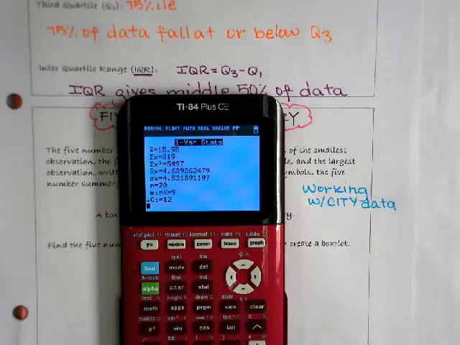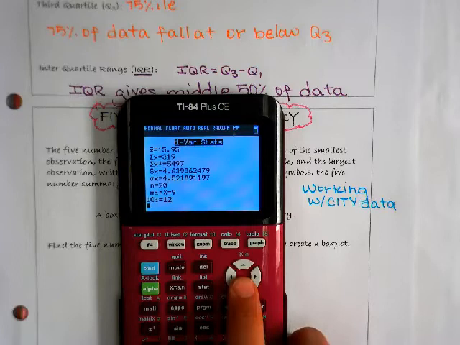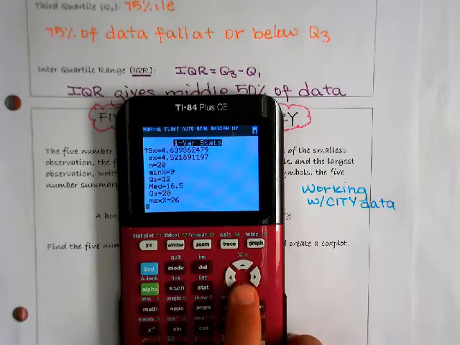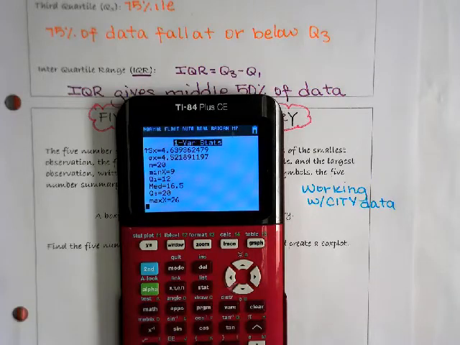All right. So type in list 1 after you hit 1var stats. If you scroll all the way down to the bottom, the last 5 pieces of information are your 5-number summary.